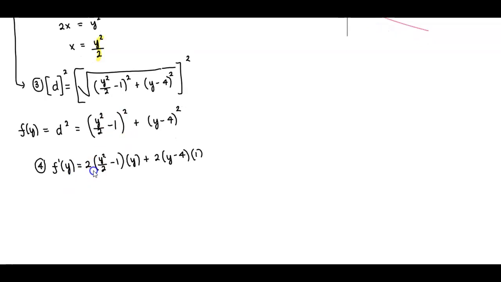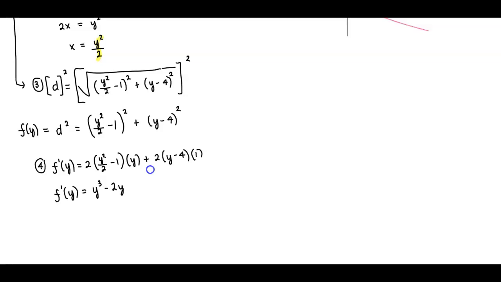Now let's go ahead and distribute and multiply this. So we're going to get f prime of y. If we distribute the 2 and the y, the 2 over 2 is going to leave us with y squared, and y times y squared is y cubed. And it's going to be 2 times minus y, and y times that, so it's minus 2y.